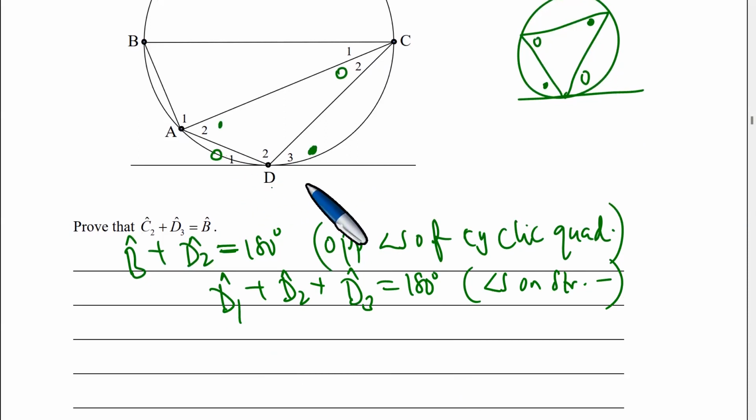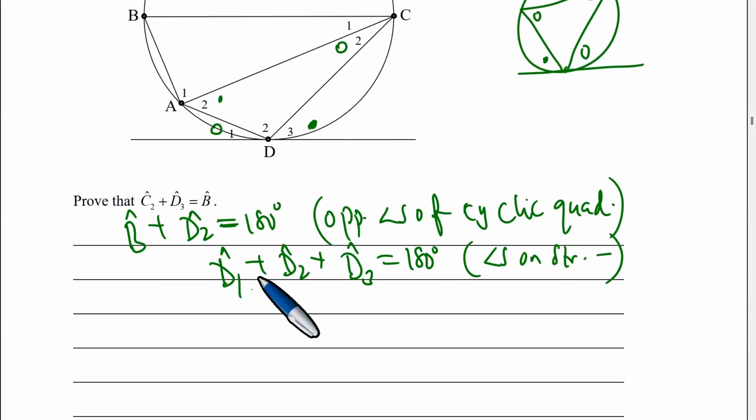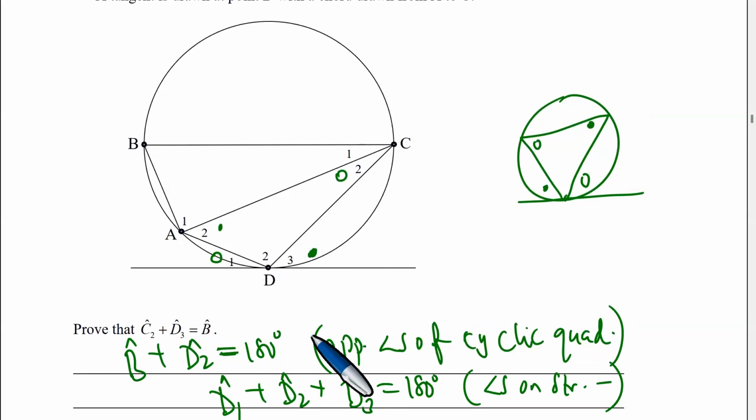D1, D2, D3: the tangent is a straight line, so you can add all three angles and must get up to 180 degrees. Next, it is clear that if you look at angle D1, it must be the same as C2 because of the tangent-chord theorem.